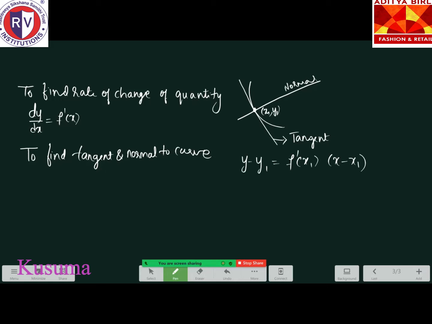Okay, so you know normal is perpendicular to the tangent, so here we replace the slope by minus 1 by f dash of x1.